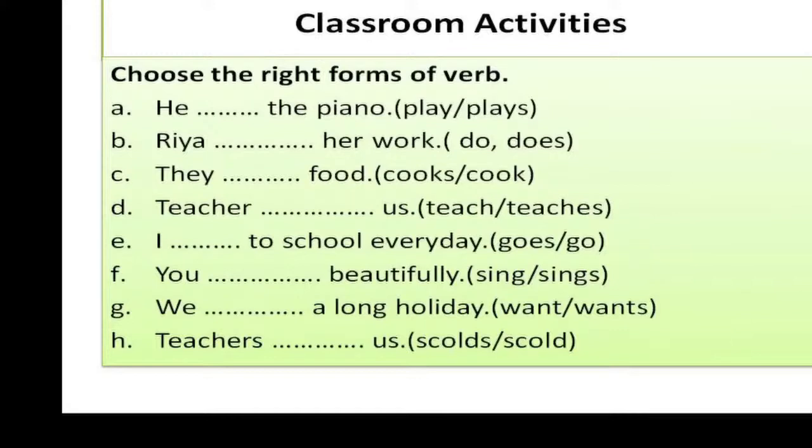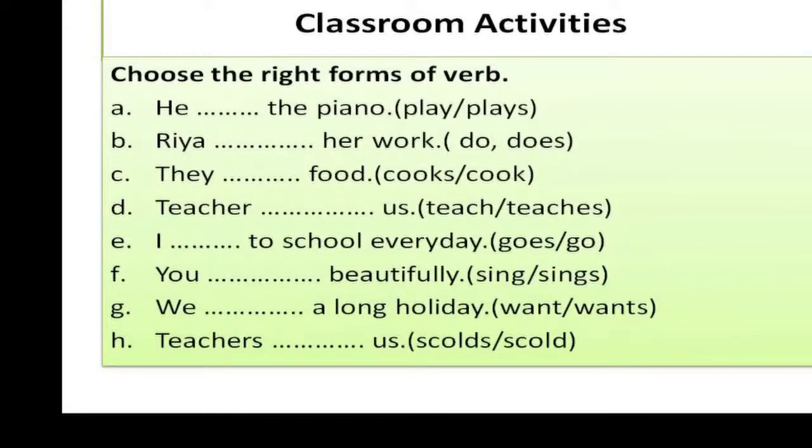In B number, at first let's identify the form of verb. Where is S or ES at last? In the second option, that means that is verb 5. Now next point, subject is Ria, and Ria is singular or plural? It is singular. C number, cooks and cook is there. The first one has got S, so that is verb 5 form.